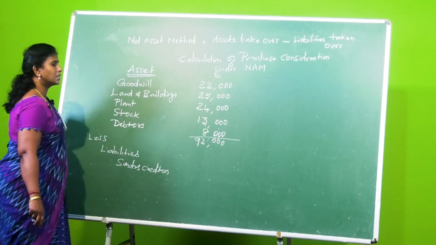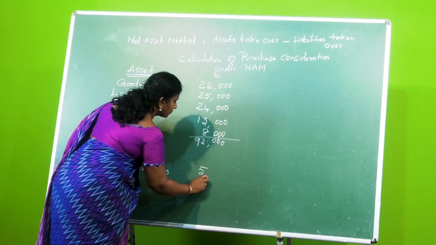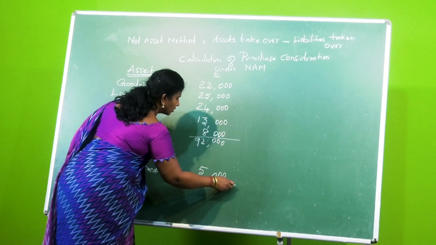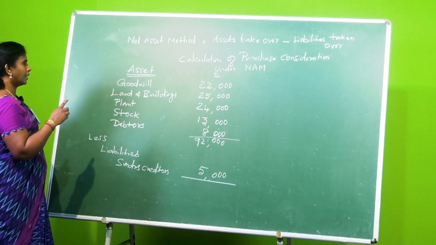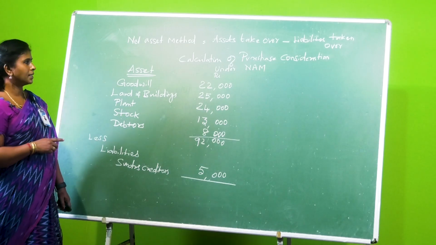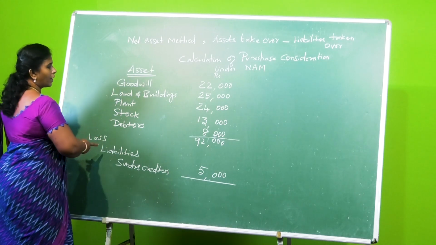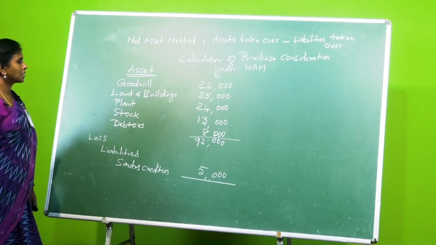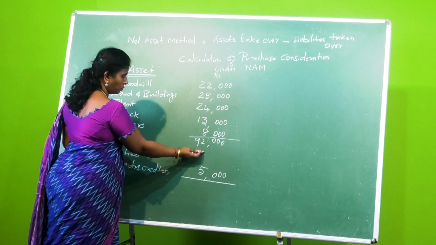The value to be settled by sundry creditors is only 5,000. So under the formula, we have to calculate the agreed value of assets taken over minus the agreed value of liabilities taken over. Already we have put up the assets; the agreed value of assets here, the total amount of assets, is 92,000.